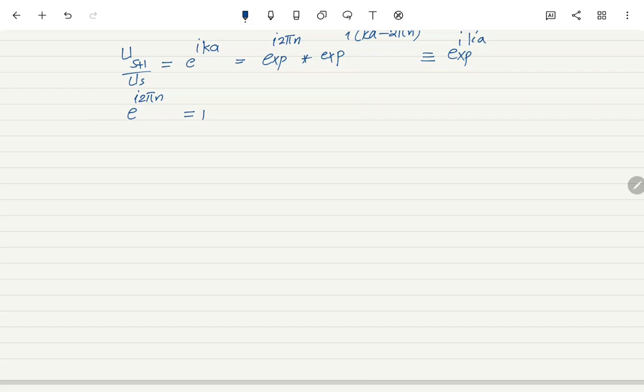An important note we have to consider here is at the boundaries, when k maximum is equal to plus minus pi over a, for this case here, the solution u s will equal to u e to I s k a, which does not represent a traveling wave, but it's actually a standing wave. So this one here is a standing wave.